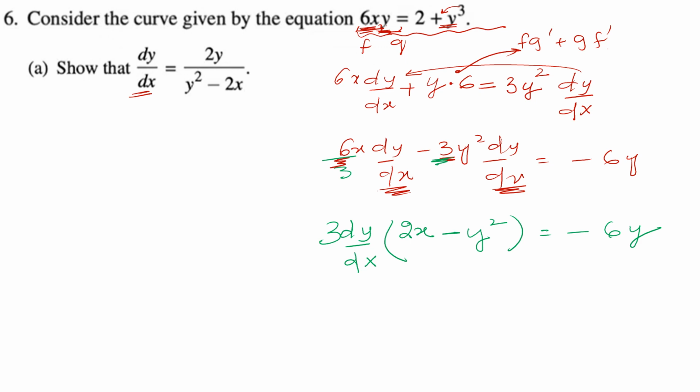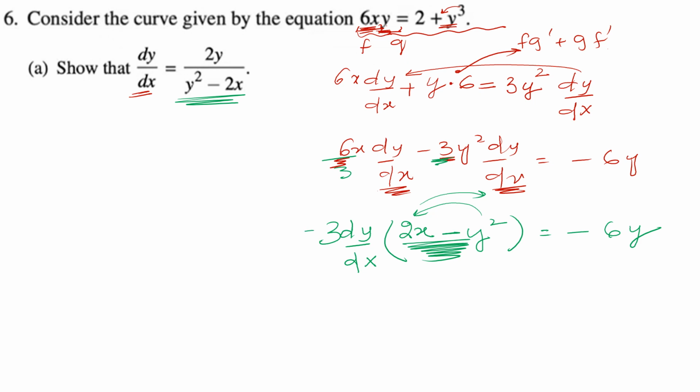Now if you have a look at a glance and compare this with the target, you have to change the position of these terms. So you have to take the negative as a common.